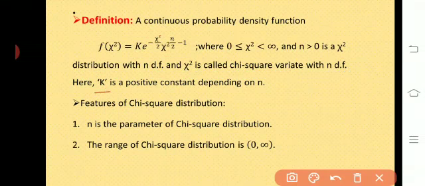Here k is a positive constant which depends on n, that is, the degrees of freedom.